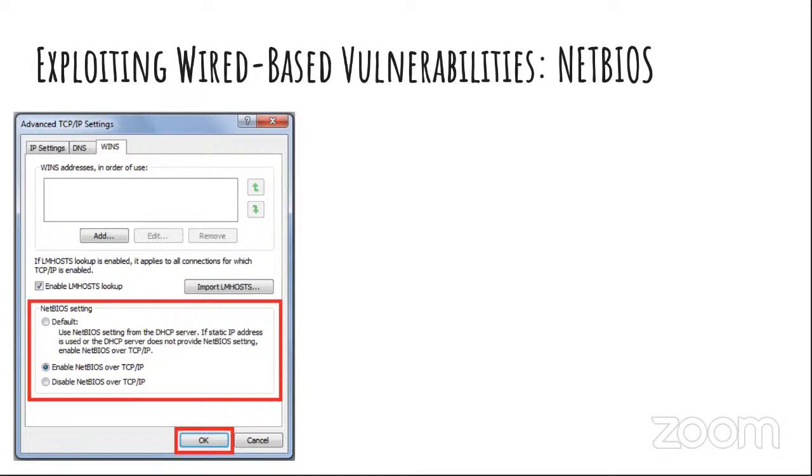Among these, there are many vulnerabilities. For example, most Windows users don't change their workgroup from the standard installation. That's just WORKGROUP in all caps. A lot of users have weak credentials on their systems and have file and printer sharing enabled.